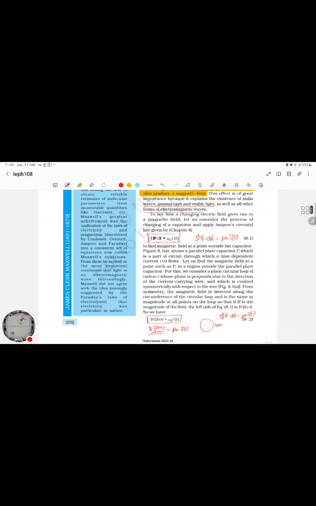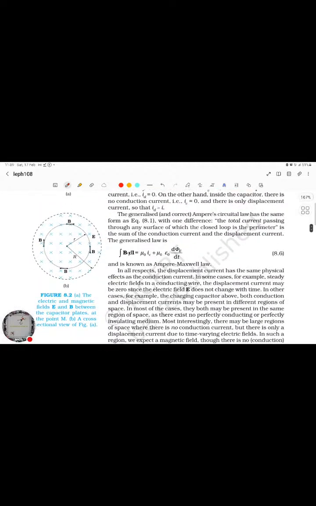This is the Ampere circuital law in equation 8.1. So there is just one small correction in this, only in the total current term. What it becomes is, the total current passing through any surface of which the closed loop is the perimeter is the sum of the conduction current and the displacement current.